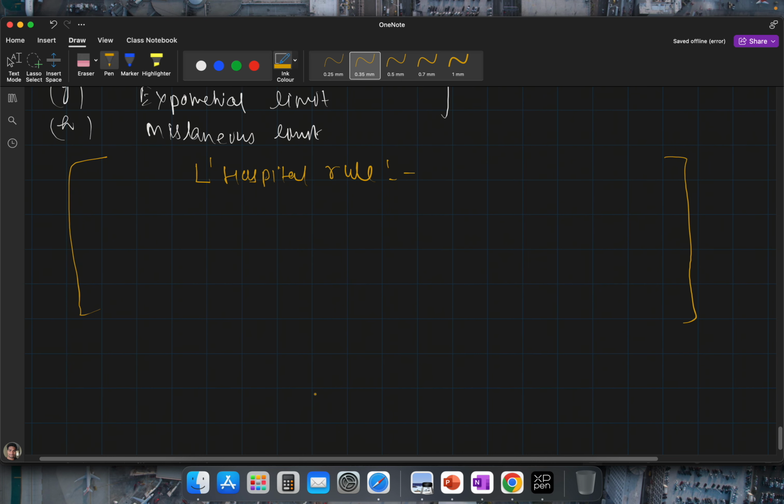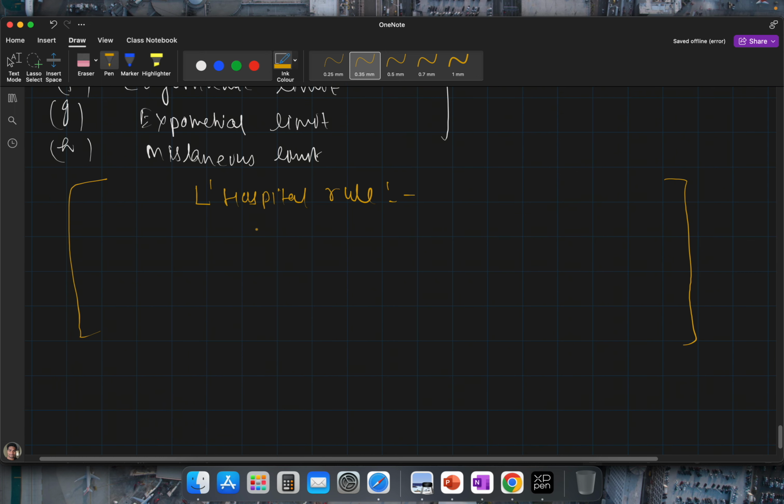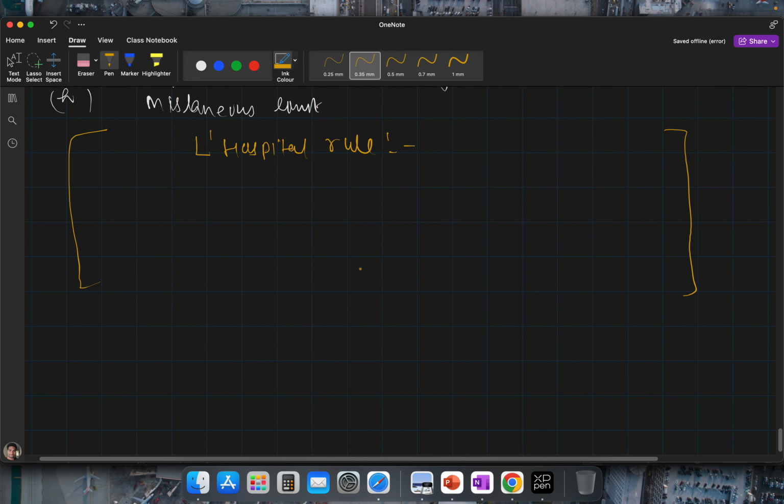Since you have to give GATE, it won't matter whether you are applying L'Hospital's rule or all these identities or factorization, rationalization, whatever it is. Anyhow, you have to solve that limit. But one thing you have to be very careful about. What is that? Can someone tell me? Before solving the limit, one thing you have to be very careful about.